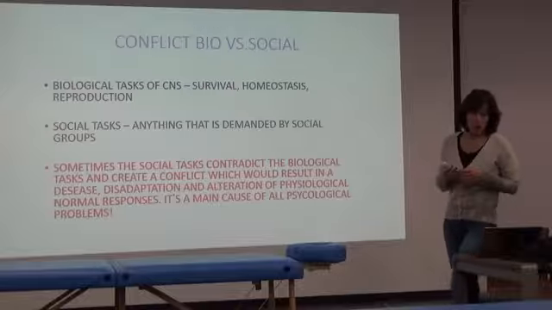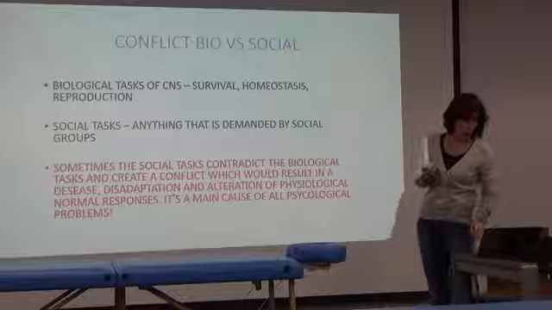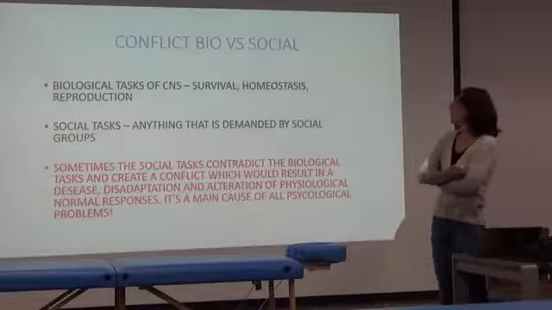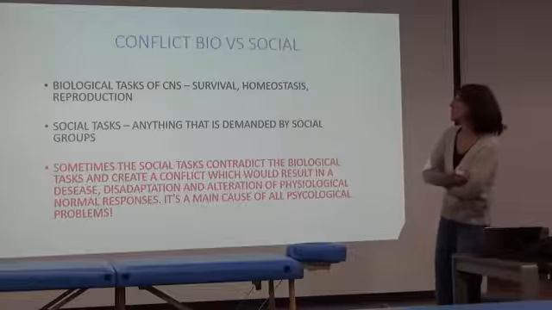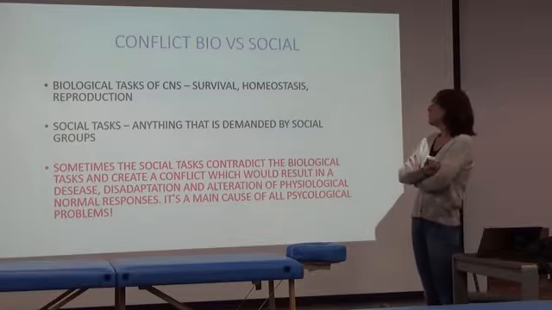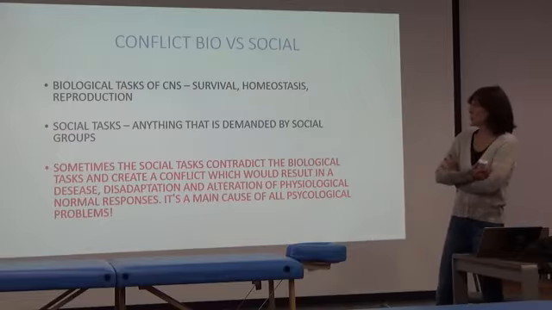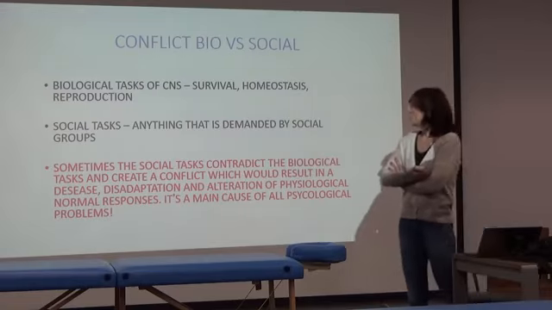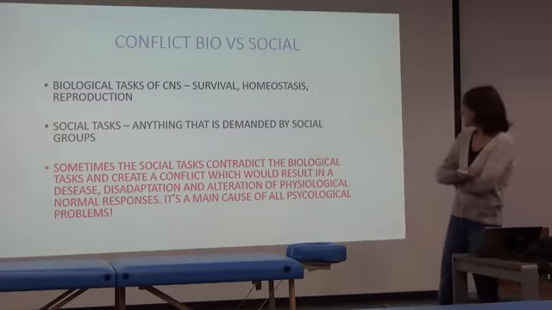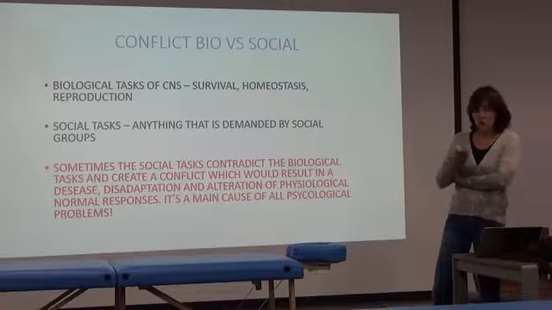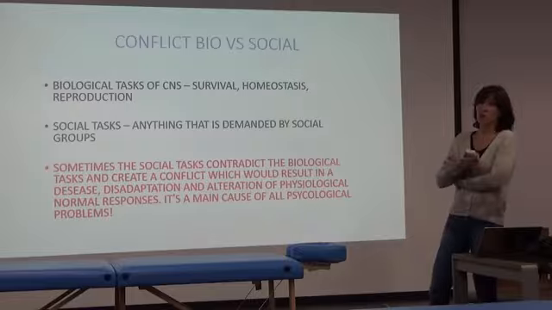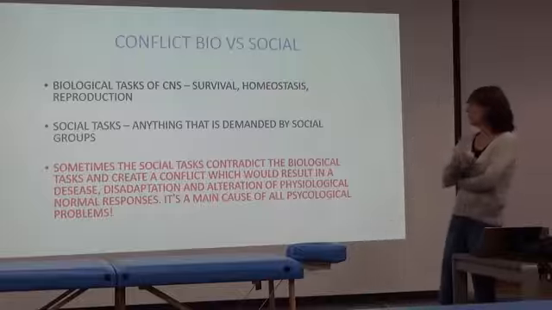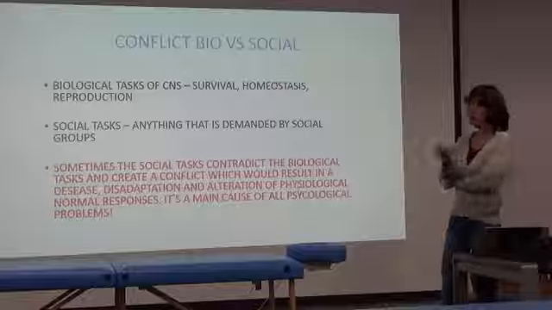Well, there were more horrible pictures of how we could be disadapted in society thanks to our cultural issues. Basically, the idea is that the biological tasks of the central nervous system programmed by nature are survival, homeostasis regulation, reproduction, etc. Then we have social tasks, which are basically anything demanded by a specific social group, with different rules in different countries and different religions.